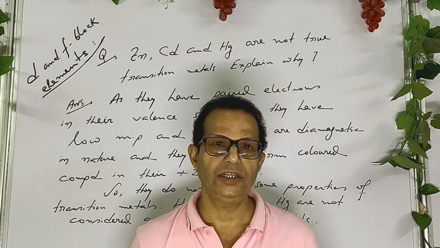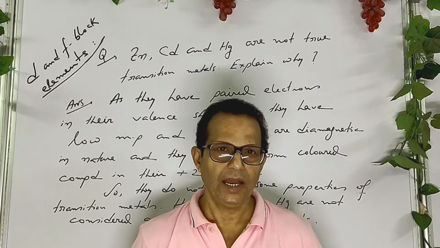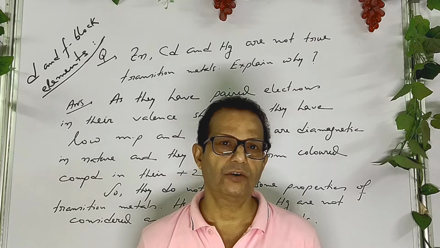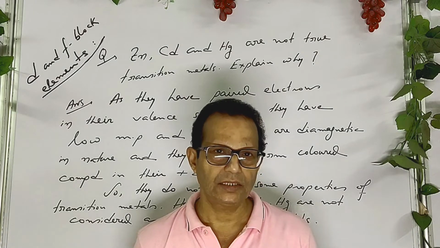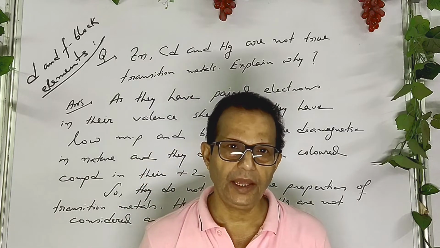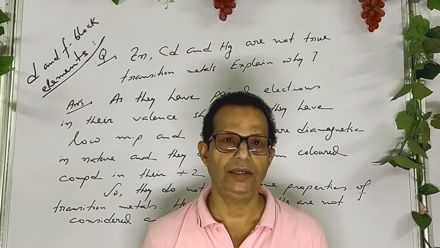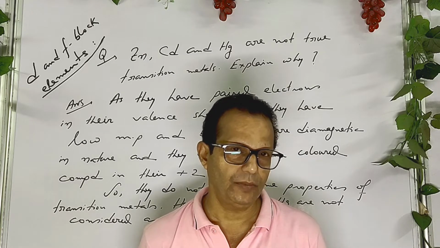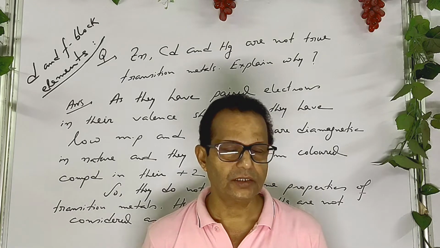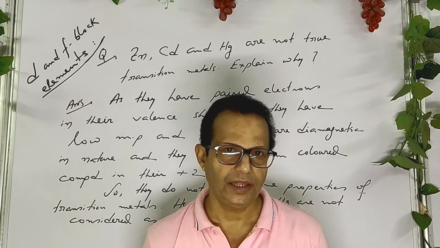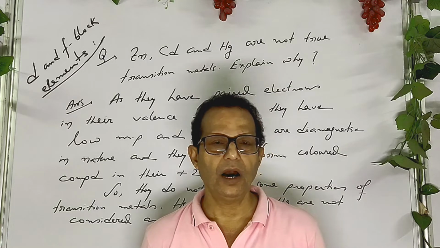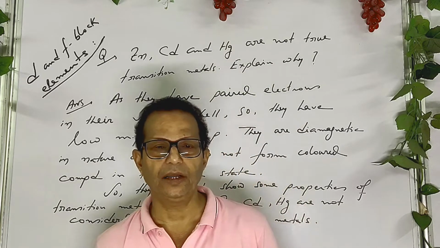The second transition series is called 4d, which has cadmium at the end, and the third transition series is called 5d, which has mercury at the end. Actually, they have d orbitals, that's why they are treated as transition metals. But some of the properties of transition metals are absent in them. That's why zinc, cadmium and mercury are not considered as true transition metals.